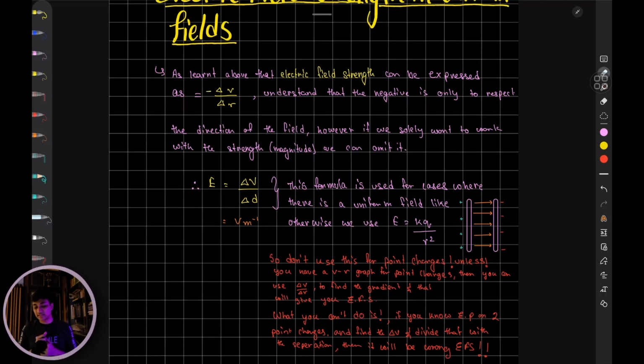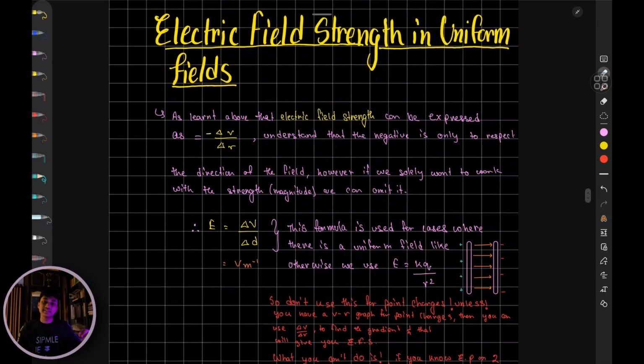So what we understand from this is that throughout the region of space, there is a force acting. And what we're going to be talking about over here is that the electric field strength through that region is constant, is the same. Why? Because the field itself is uniform. So due to the uniform field, you're going to have the same electric field strength at any position.